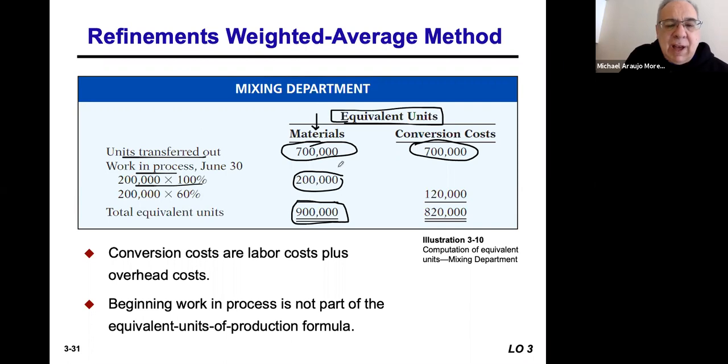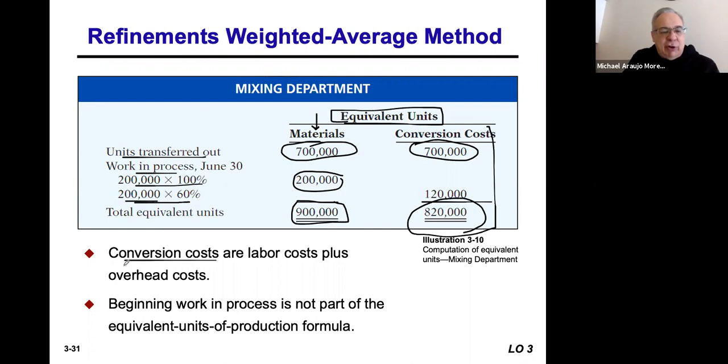However, only 60% of the 200,000 Eggos have been fully converted in terms of labor and manufacturing overhead. So 60% of 200,000 is 120,000. So in terms of conversion costs, we only have an equivalent of 820,000 waffles in equivalent units.